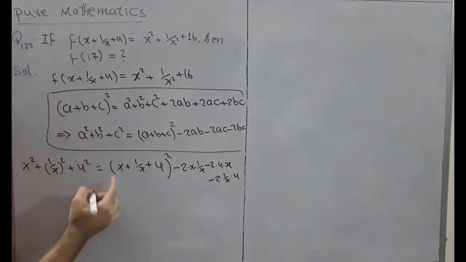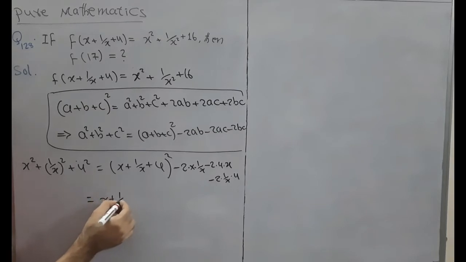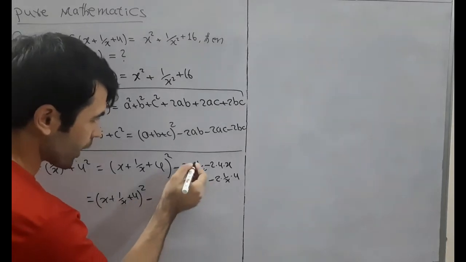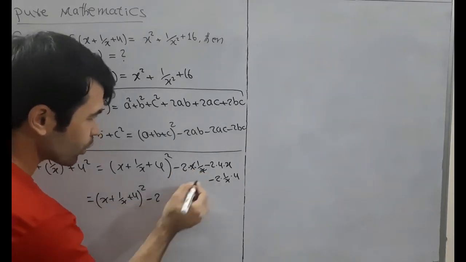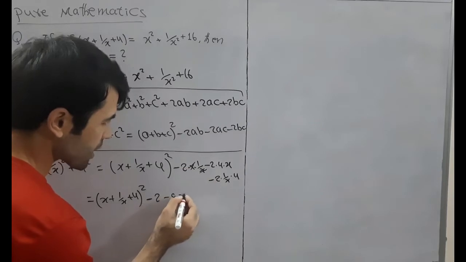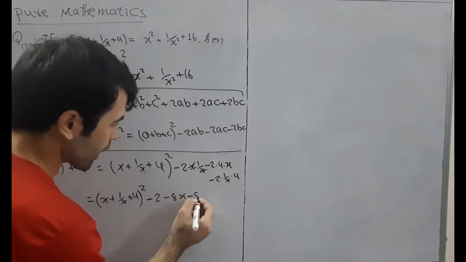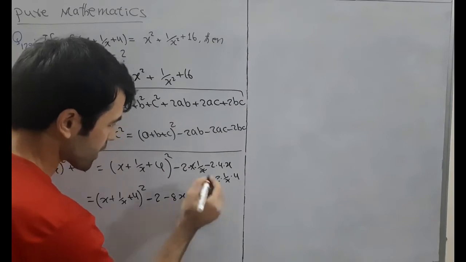It is equal to (x plus 1 over x plus 4) whole square minus 2, minus 8x, minus 8 into 1 over x.